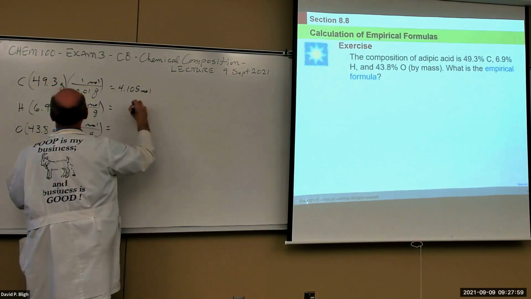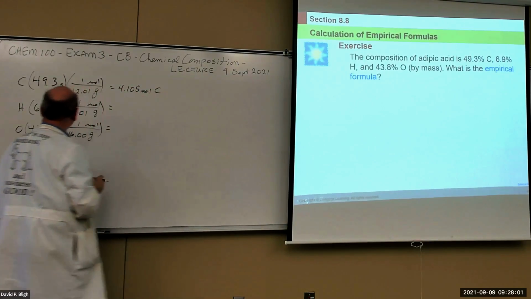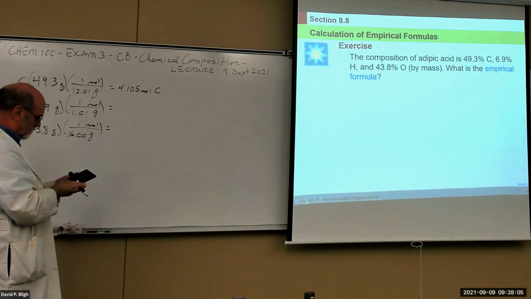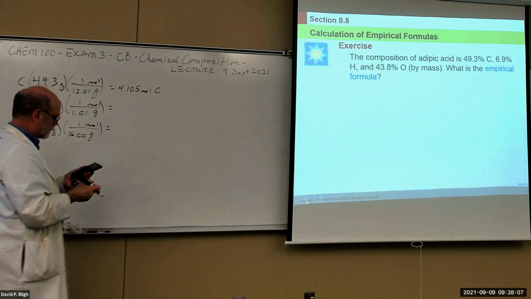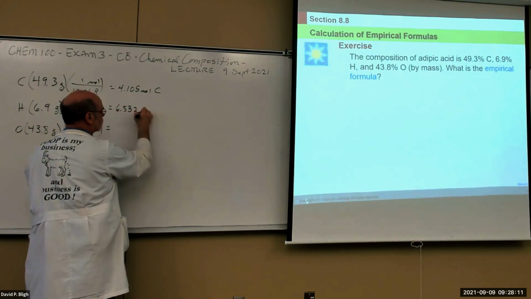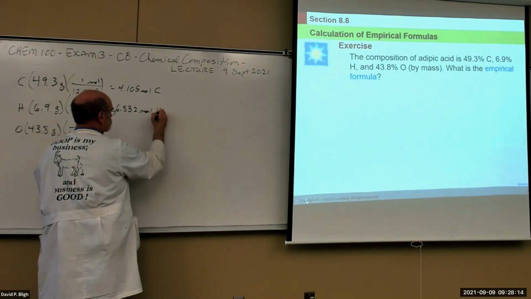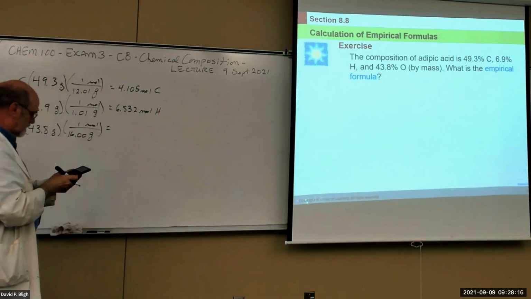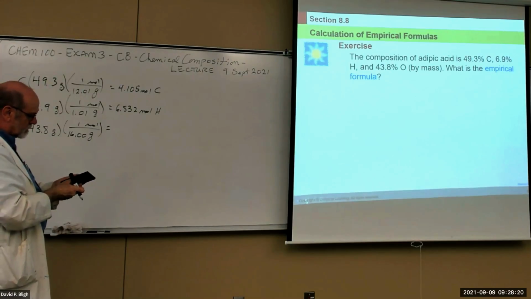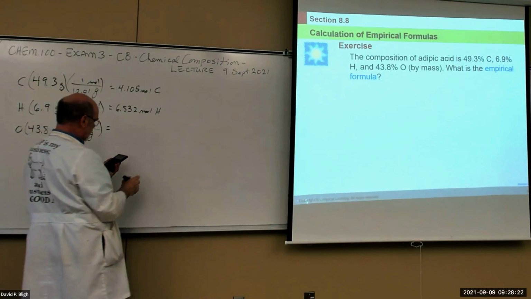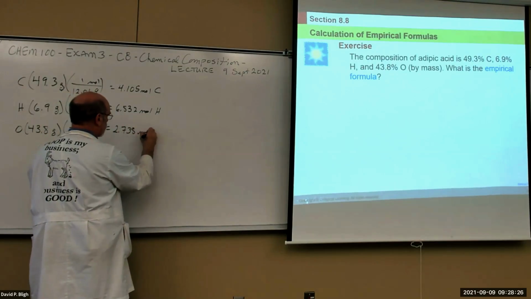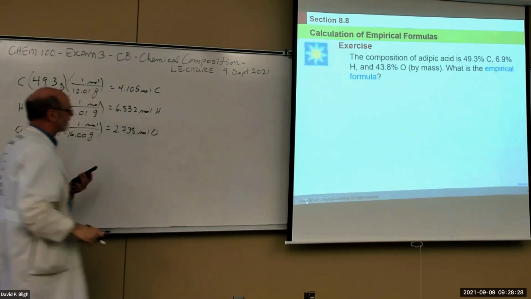That's moles of carbon. 6.9 divided by 1.01 is 6.832 moles of hydrogen. And then oxygen is 43.8 divided by 16 is 2.738. 2.738 moles of oxygen. Okay?